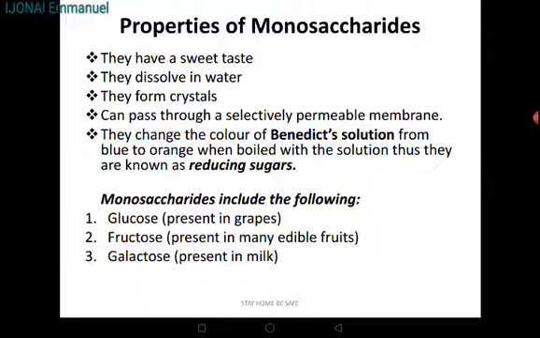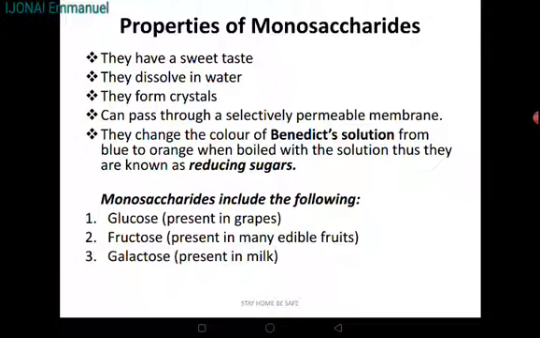And then they are capable of passing through a selectively permeable membrane, just because they are very small molecules, so they can go through a semi-permeable membrane. And something interesting about them is that they can change the Benedict solution from blue to orange when boiled with the solution.